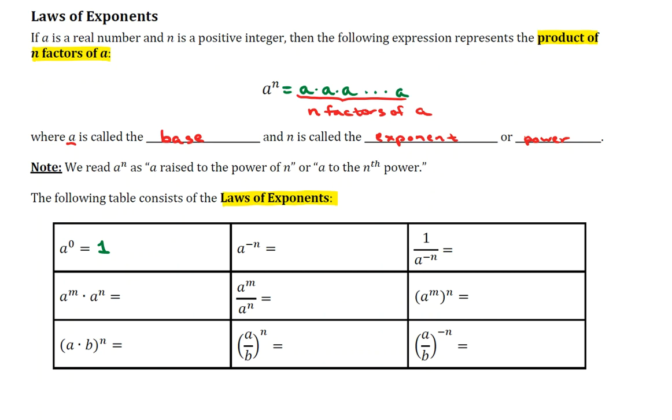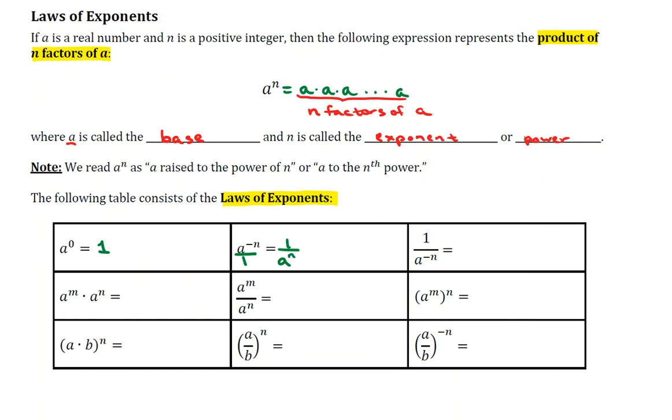We're going to go from left to right in this table. We have a to the negative n. What you can do here is write the expression at first being on top of 1. And to rewrite this so that the n becomes positive, we're going to switch the placement of these items. In other words, 1 is going to go on top, and then a is going to go on bottom, and we can go ahead and make the n positive.